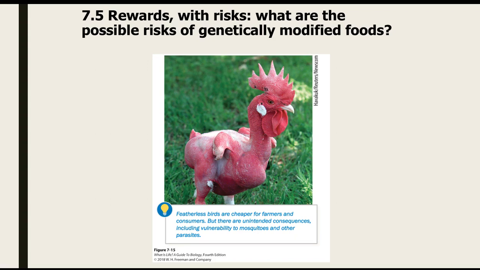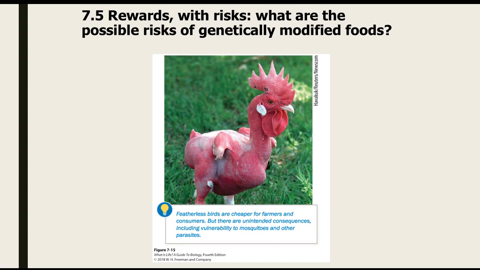Another example of genetically modified organisms is this lovely chicken right here, which has been genetically modified to not grow feathers. Of course, it looks ridiculous, right? But it turns out that these featherless birds are easier to grow and less expensive to prepare because you don't have the cost of taking off the feathers.